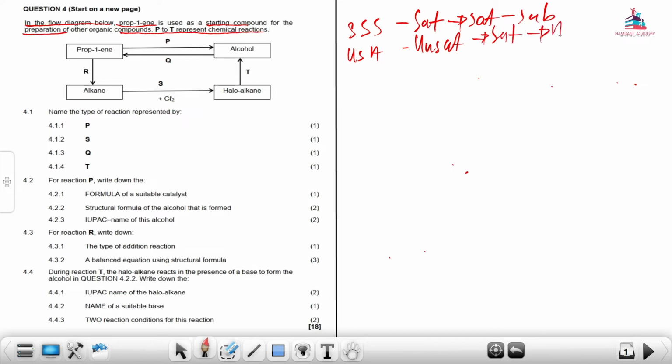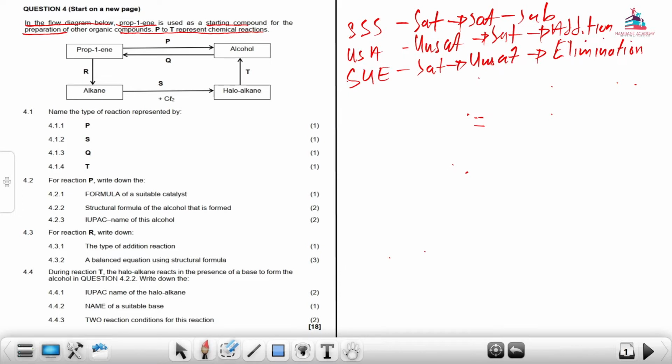That reaction must be addition reaction. Then I met a beautiful lady called Sue. Then it means from saturated to unsaturated. That reaction must be elimination reaction. It must be elimination reaction.